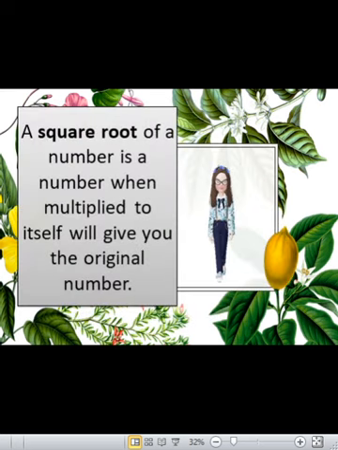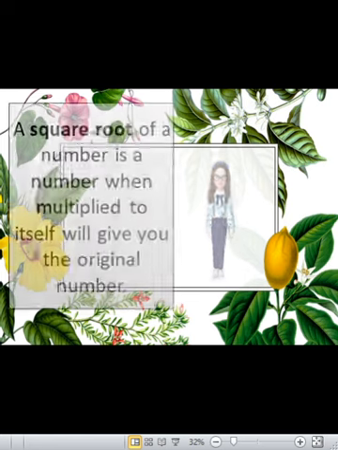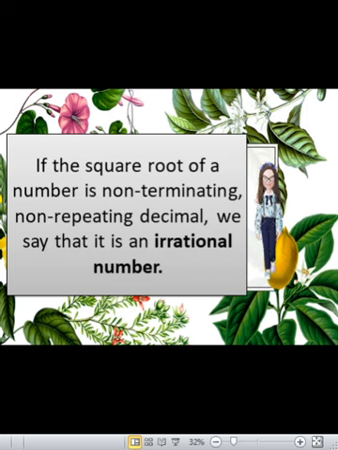Again, when I say square root of a number, it is when you multiply it by itself that will give you the original number. If the square root of a number is a non-terminating, non-repeating decimal, again take note, it should be a decimal, we say that it is an irrational number, because if it is a whole number, therefore it is rational.